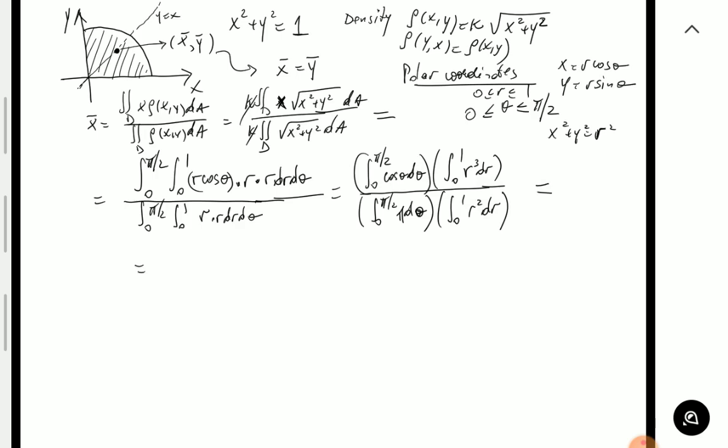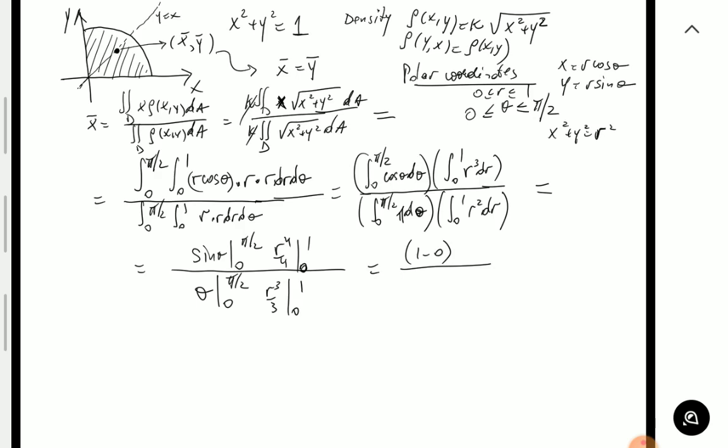Okay, these are not too bad to compute. The integral of cosine is sine between 0 and pi over 2. Here is r to the fourth over 4 between 0 and 1. Theta from 0 to pi over 2, and r cubed over 3 between 0 and 1. All right, so sine of pi over 2 is 1 minus 0, and then 1/4 minus 0. On the bottom, pi over 2 minus 0, and 1/3 minus 0.